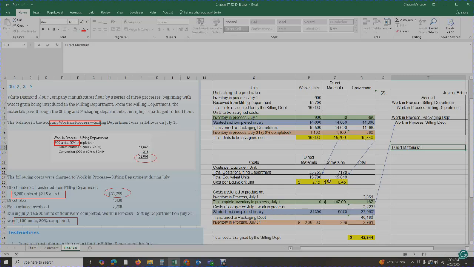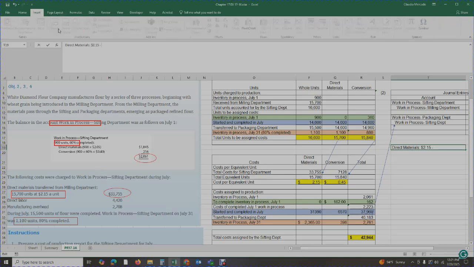My cost per equivalent unit that we calculated in the month of July is $2.15. I'm going to subtract the cost per equivalent unit for materials last month. If we look over to the data being provided, we have direct materials of $2.05.